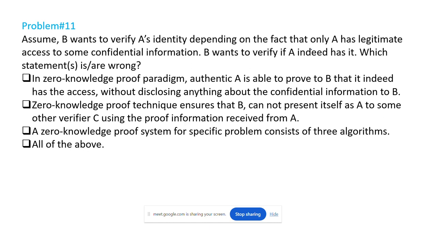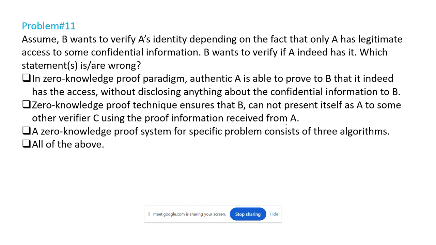But since it will not have the secret from the protocol going on between A and B, by the security of zero knowledge protocol, it will never be able to present itself as A, right? So the statement is true.